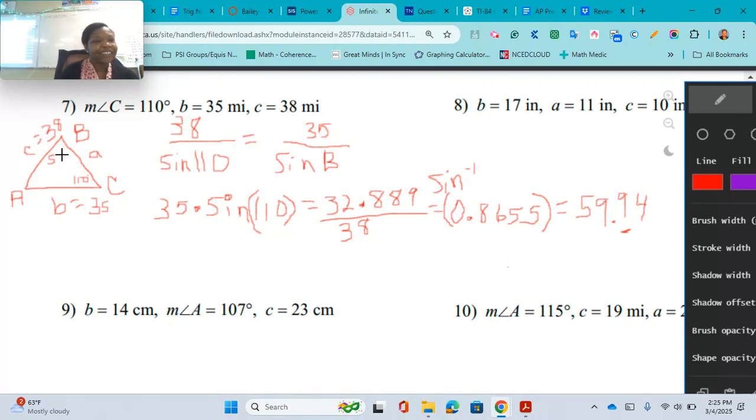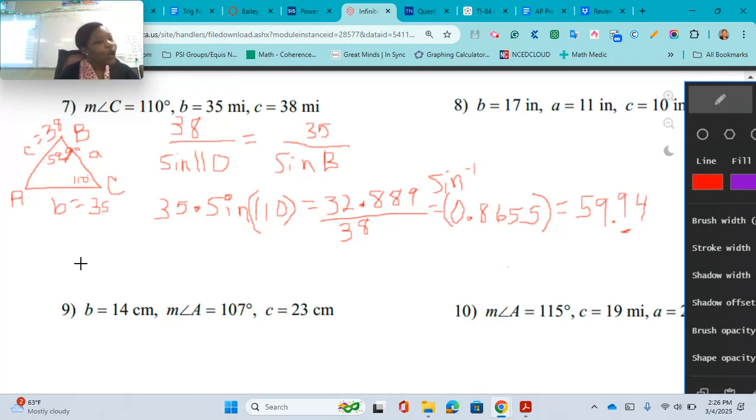And it's crazy because sometimes I've seen where everybody does everything right up until that last rounding. Please be careful. So that's 59.9 degrees.